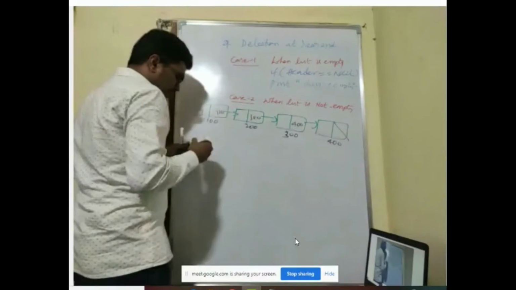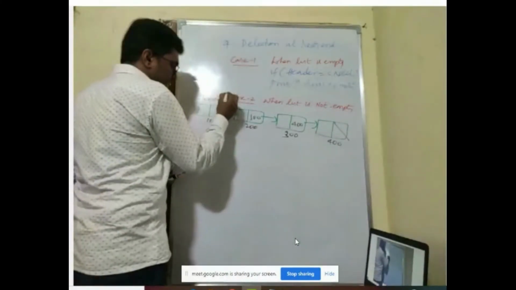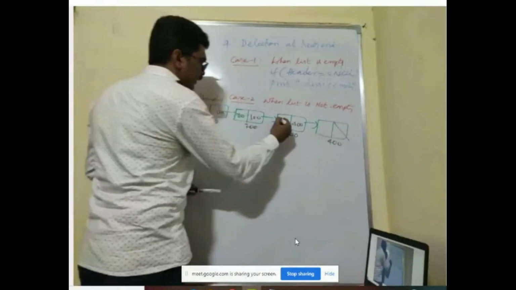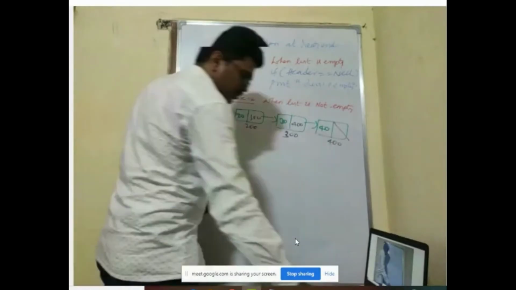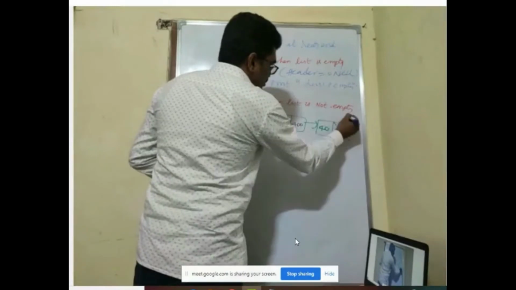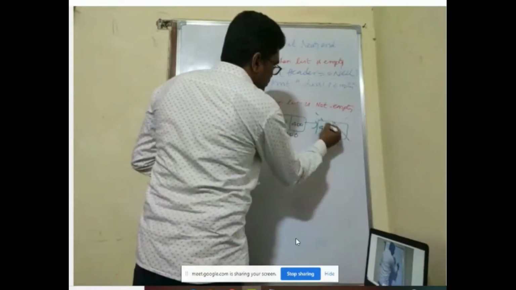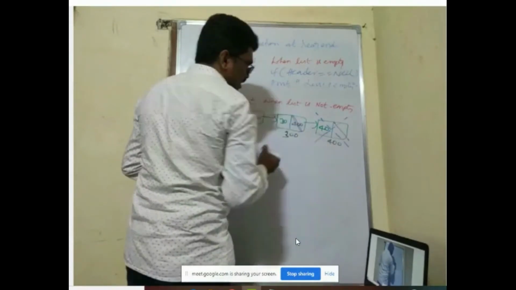I have elements like this, and this is my header. Some values are there. Now what do I have to do? I have to remove this, and I have to make this null.